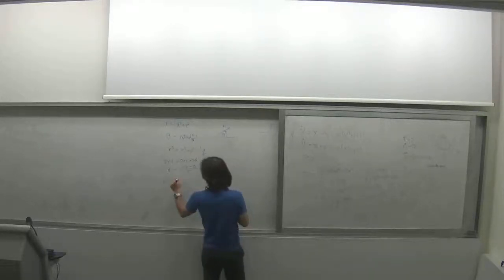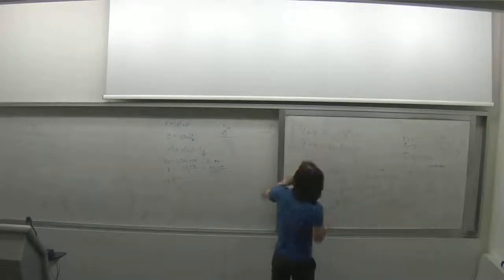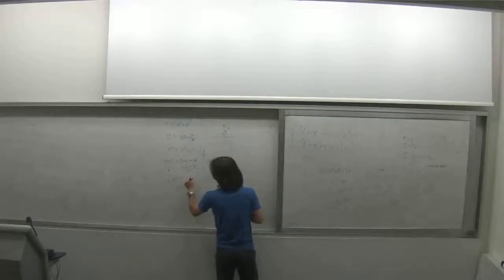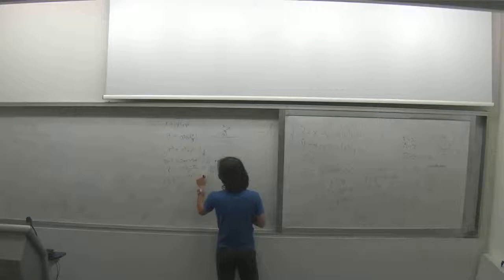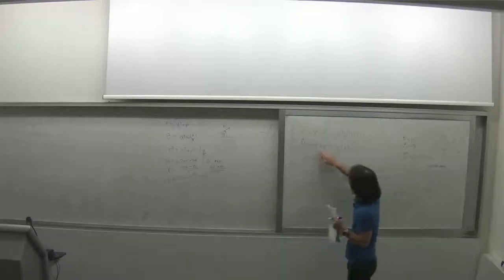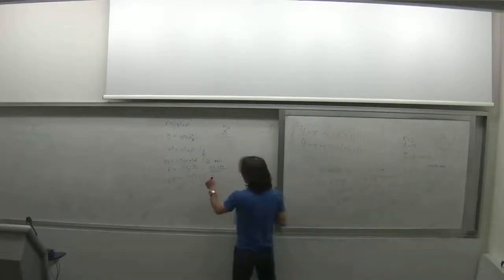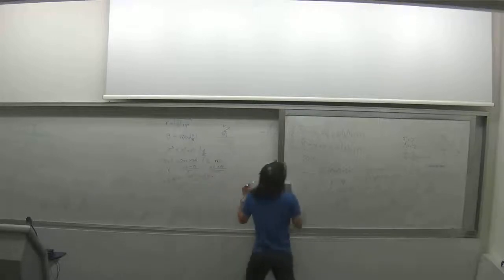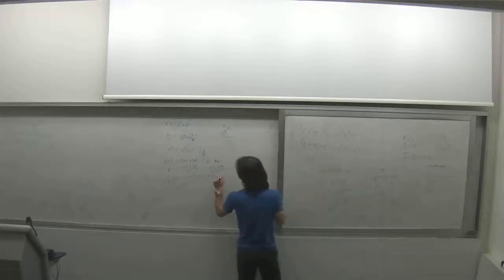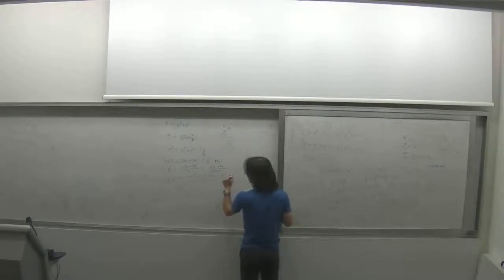Equals, first I have x times x minus y minus x times r squared. And then for y, I have y times x plus y minus y r squared.